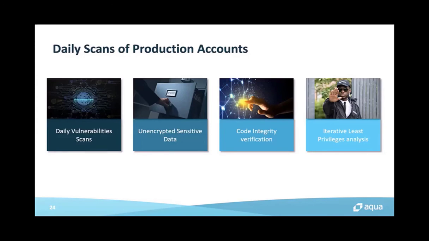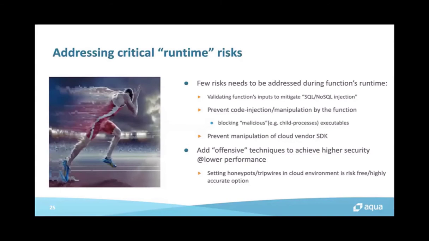If we find services which were never used or were not used for a long period of time, we'll let you know about it. Maybe there are some changes that justify removing those permissions or roles from the function. And then we leave only the critical things to the runtime part.